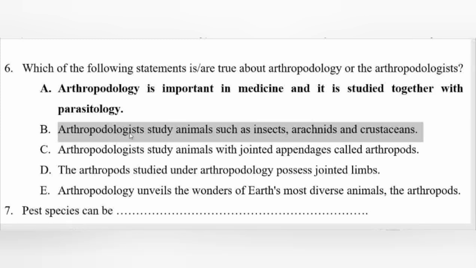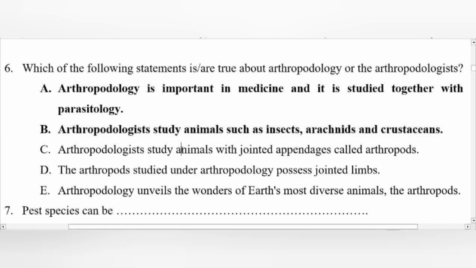There are five subphyla, and the insects, the arachnids, and crustaceans fall under three of the subphyla. So arthropods, we have phylum Arthropoda, one of the animal phyla.